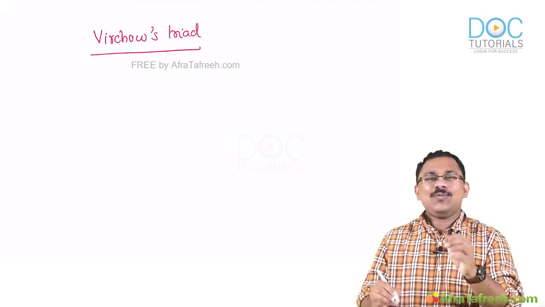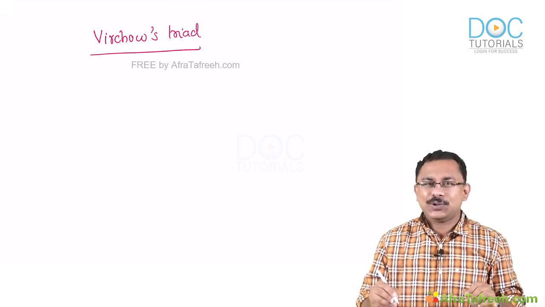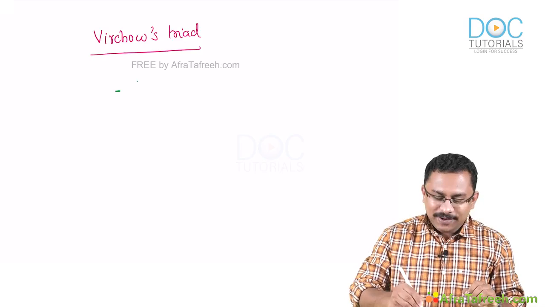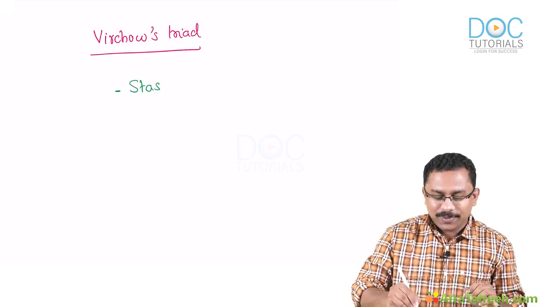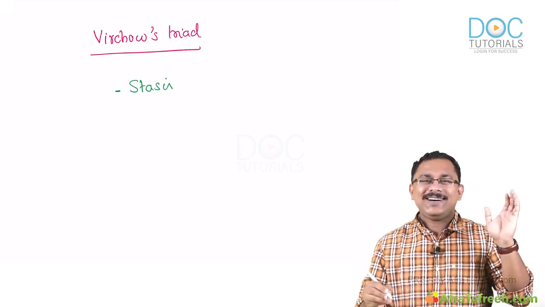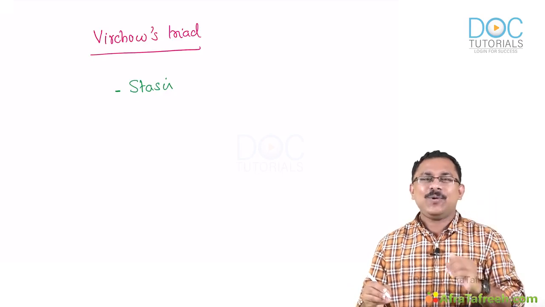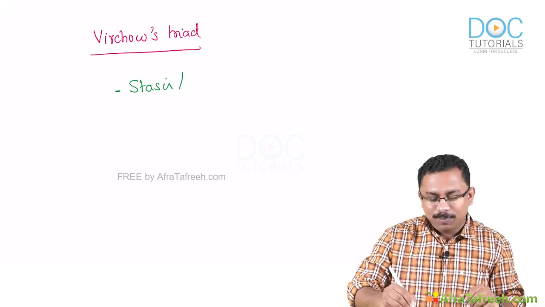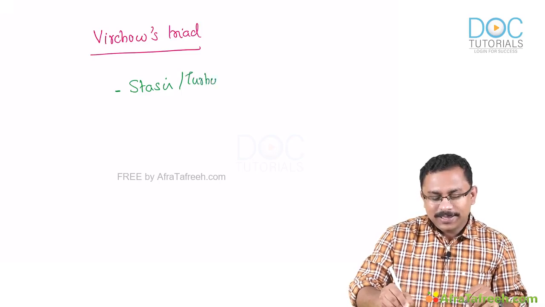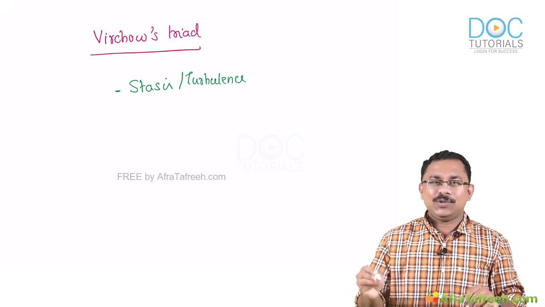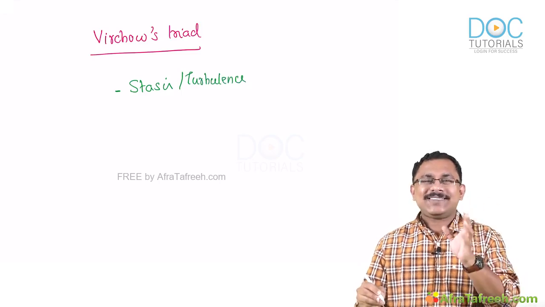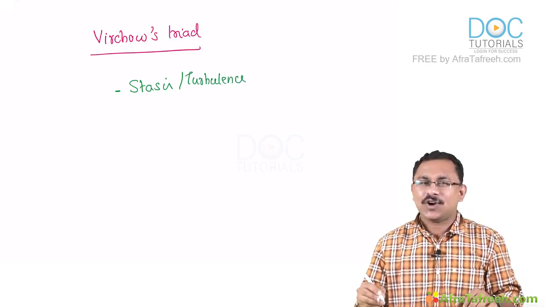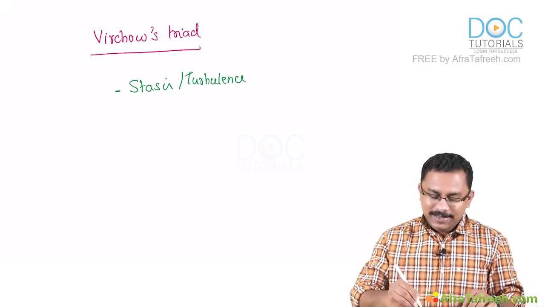And you tell me what are the components of the Virchow's triad. You have a stasis of blood flow. Normally you have a streamlined laminar flow. So if there is some stasis or maybe even a turbulence of the blood flow, there is an increased chance for thrombosis. Whereas in a normal streamline flow, it is less likely that a thrombus might form.